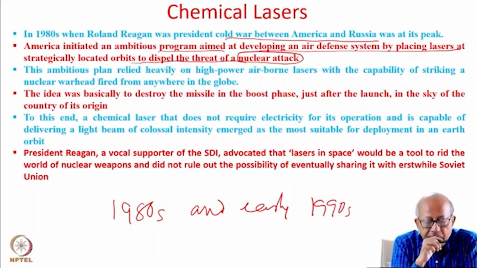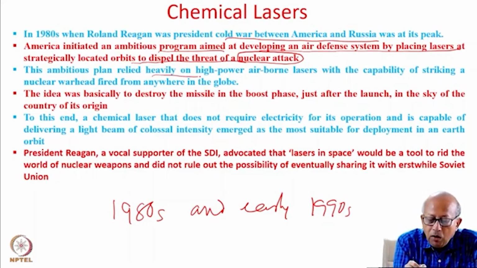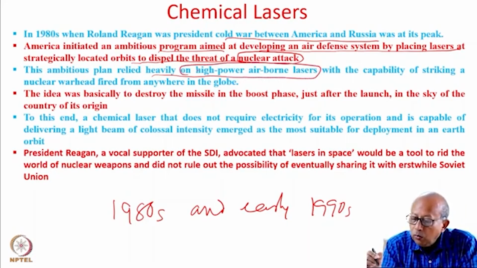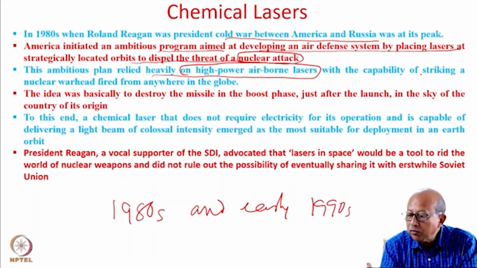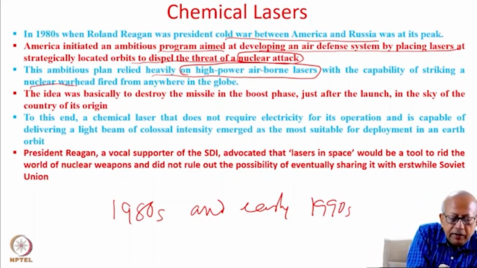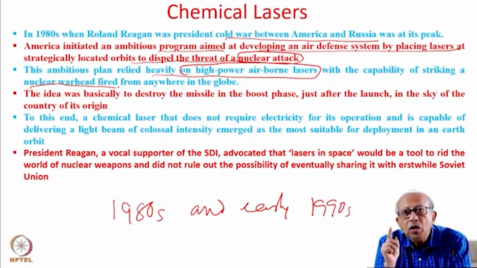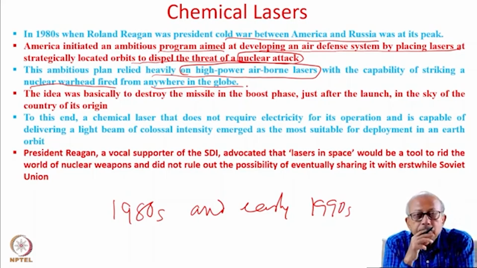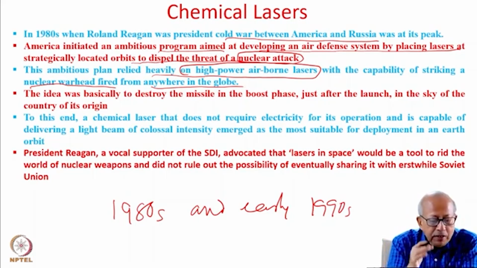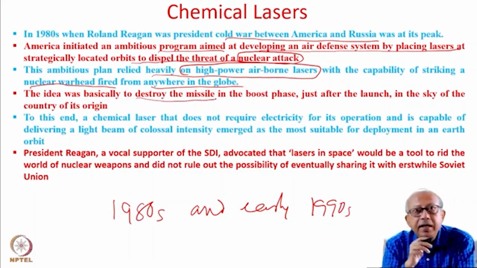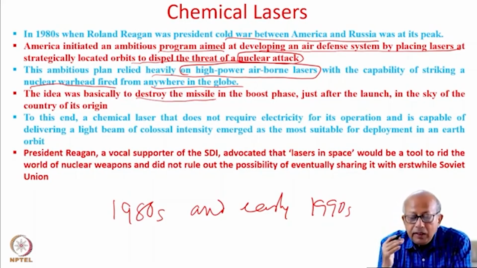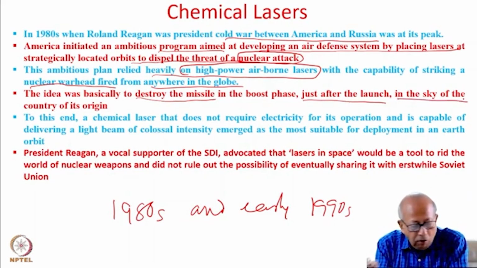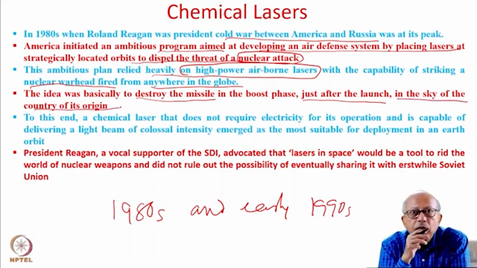This ambitious plan relied heavily on high-power airborne lasers with the capability of striking any nuclear warhead that would have been fired from Russian or any other enemy country's soil located anywhere in the globe. The idea was basically to destroy the missile carrying the nuclear warhead in its boost phase, just after the launch, in the sky of the country of its origin itself.